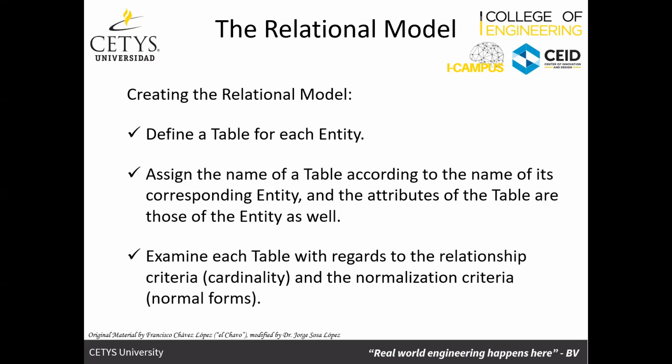So there's something called normalization criteria. We haven't seen that topic yet. But basically normalization is to just verify the structure that we have in our tables and verify that the structure is correct. And there are some rules there that we're going to follow. These are called normal forms, but we haven't seen that.